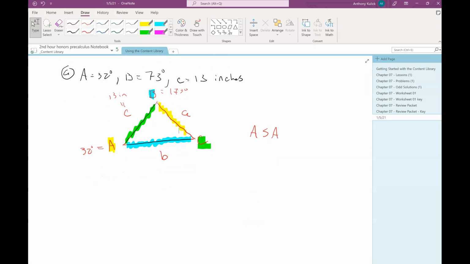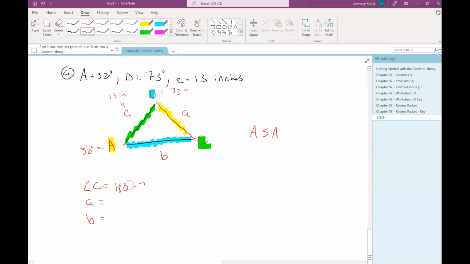So we need to find angle C, we need to find side A, and we need to find side B. What should I do first here? Angle C. Very good.